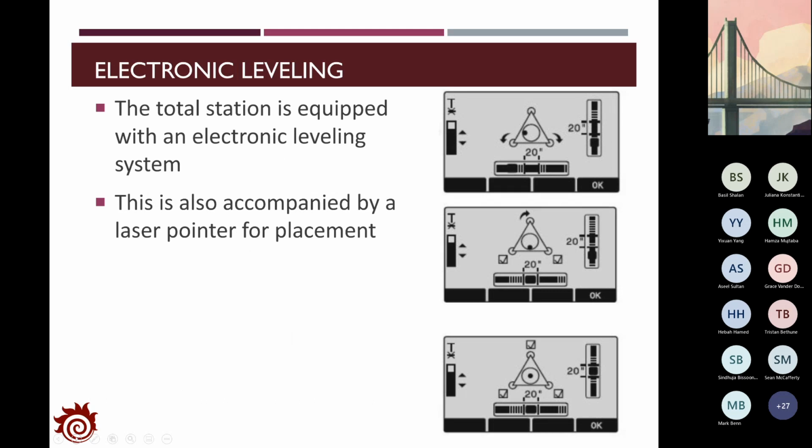For the total station, the most important step for you to operate is to do the leveling. Try to do the adjustment to make sure that your equipment is placed balanced in different directions, and you have some laser points pointing to the ground, and also you have some electrical leveling system to tell you whether your adjustment is appropriate or not.